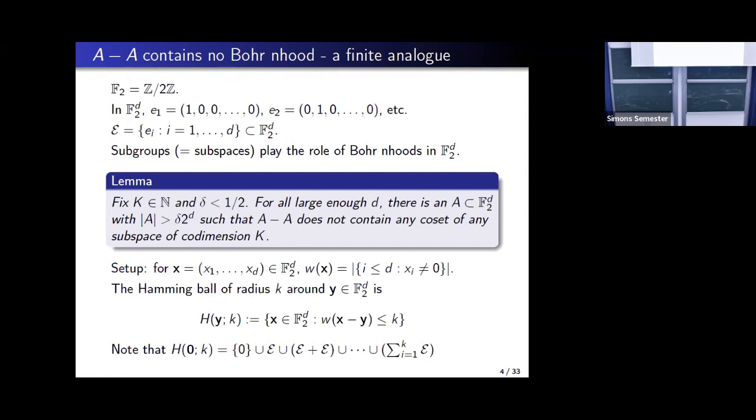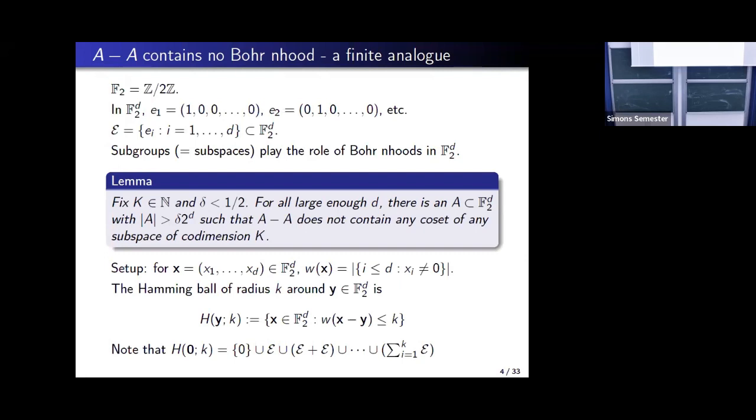But here's how you can try to construct such an A. This A will be defined as a certain kind of Hamming ball. You define the usual Hamming weight of an element of F2 to the D, thinking of it as a string of zeros and ones. So W of X is the number of non-zero entries.